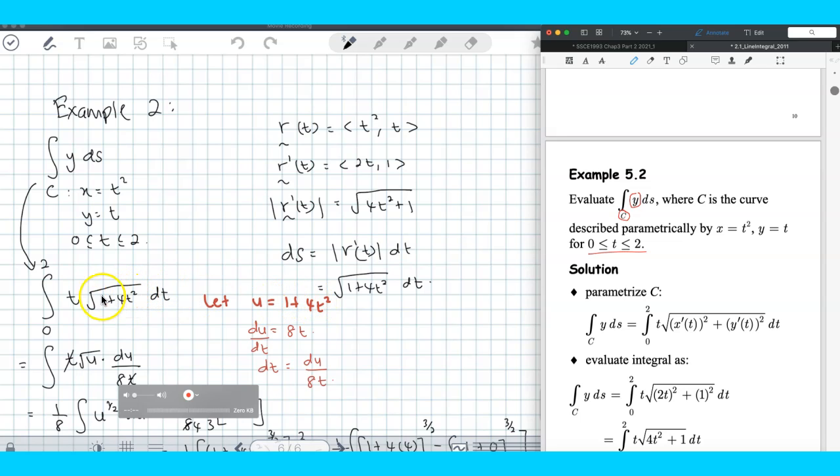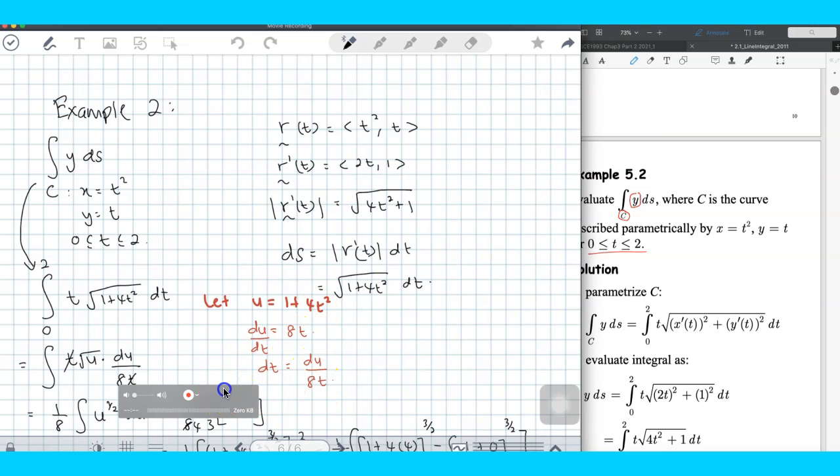So in this case, we let u equal to 1 plus 4t squared, and when you use u, your intention is to convert everything in terms of t into terms of only u. So now we want to convert the dt in terms of du. So you have to differentiate u with respect to t. So you have 8t, and then what is dt? So dt is du over 8t.